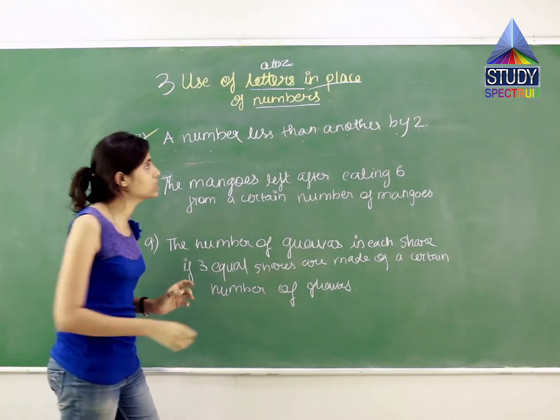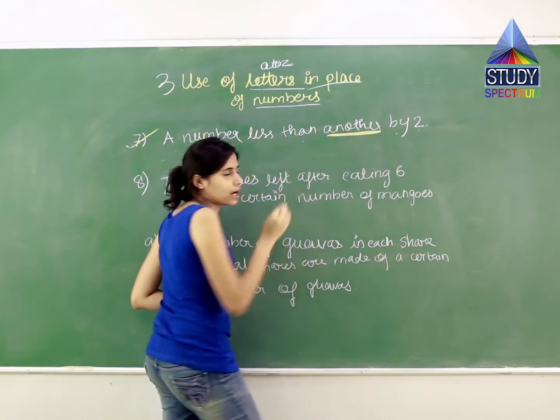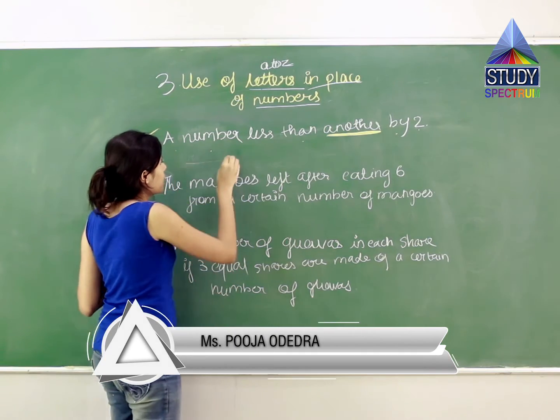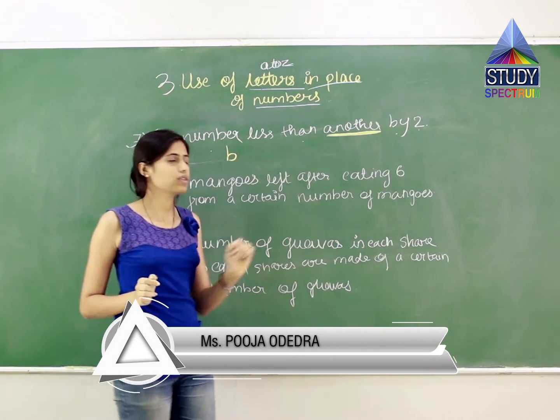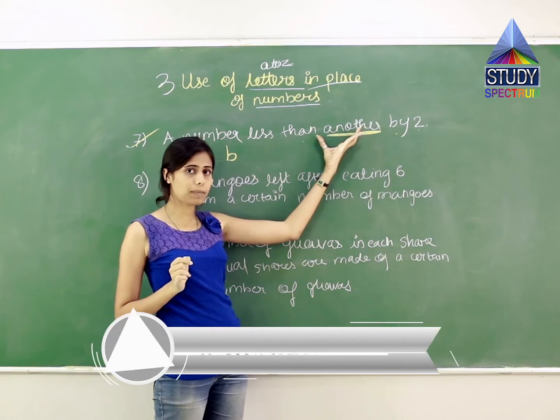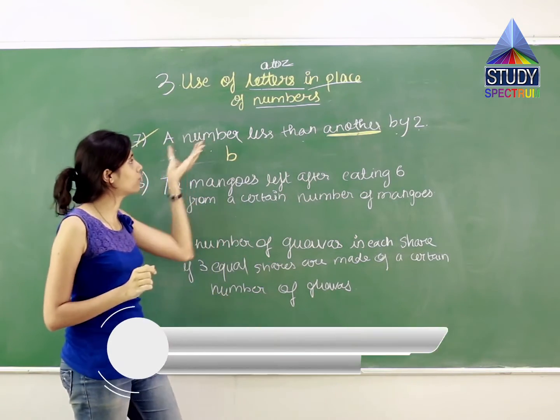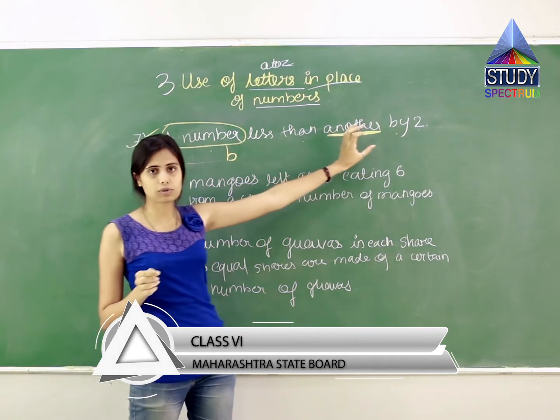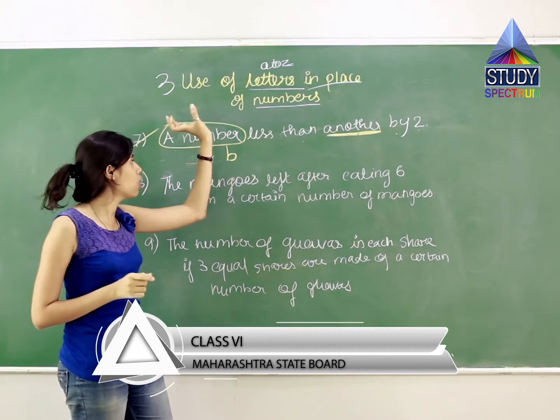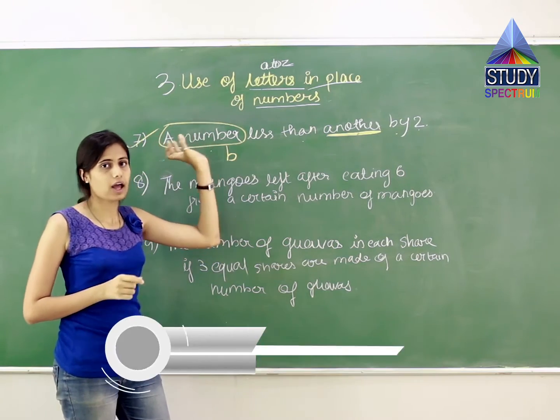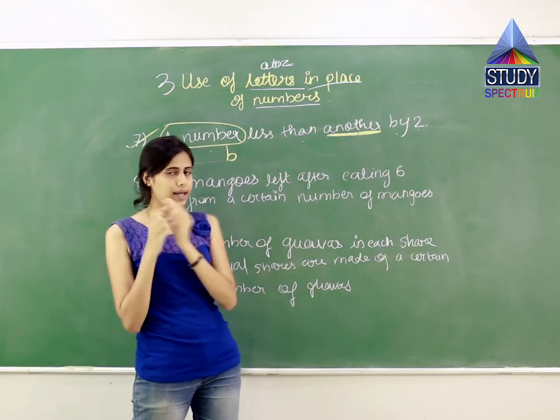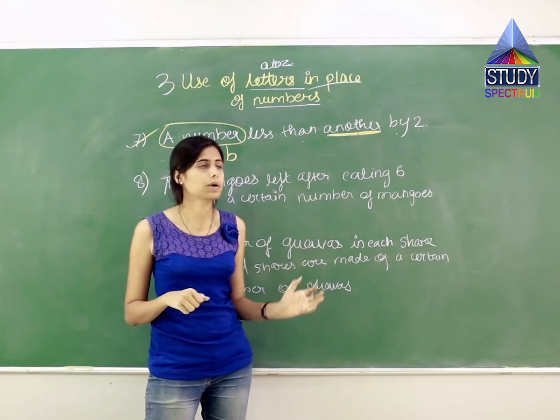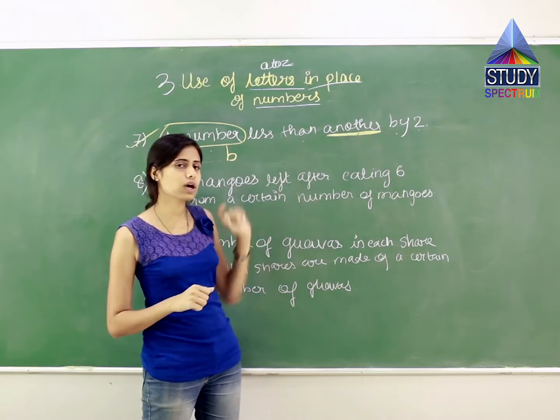So what we will do is this another number, we assume it as an alphabet. Okay, let us say b. Now they are telling us another number, a number, we have to find what? The other number is to be substituted by an assumed letter. So they are telling you that there is a number which is 2 less than another number. So we will assume that the another number is b.